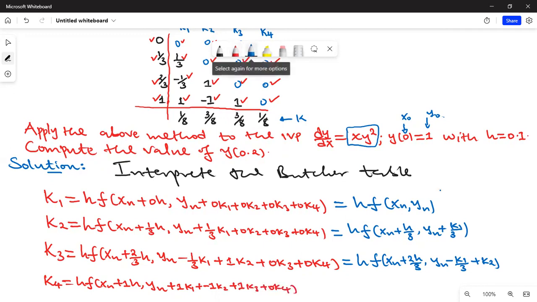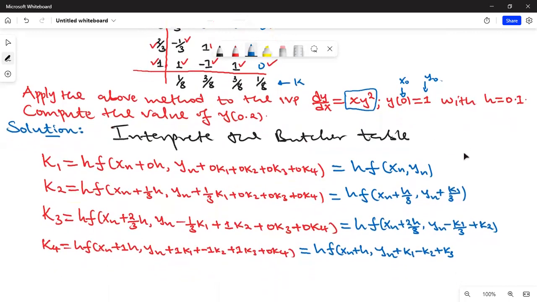If you simplify this, you get h f(xn + h, yn + k1 - k2 + k3).